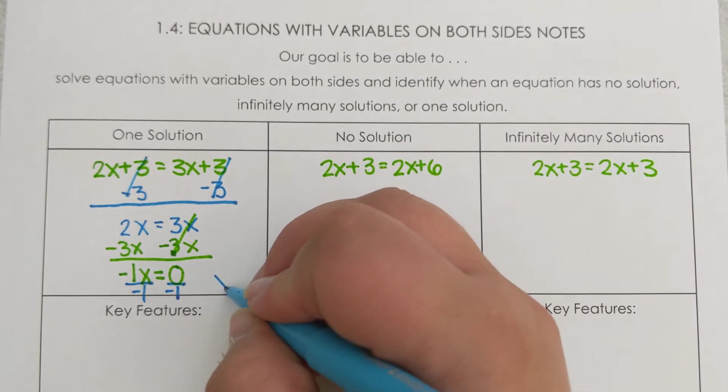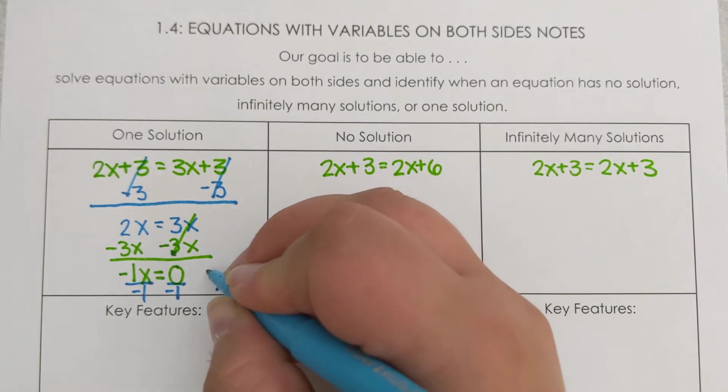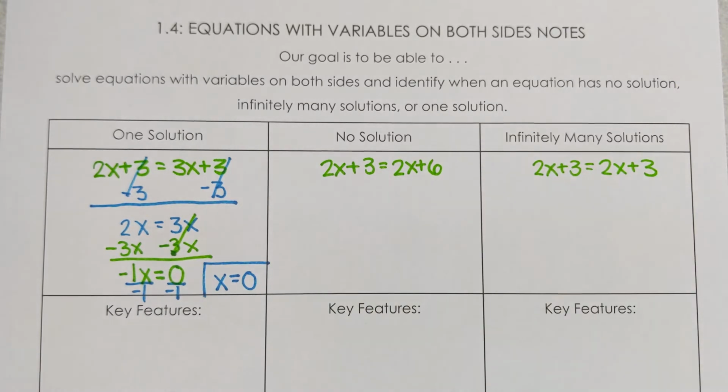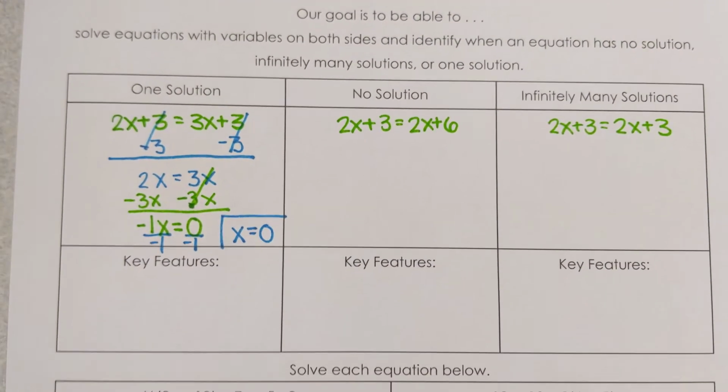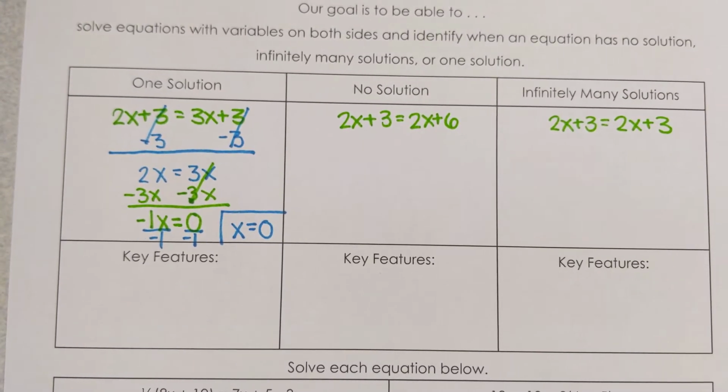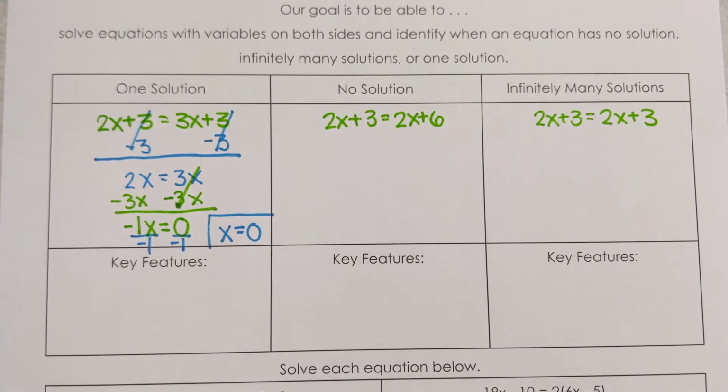0 divided by negative 1 is 0. So I get x equals 0. That's a solution, guys. It's okay for x to equal 0. In fact, one of the problems on 1.3 had that answer.